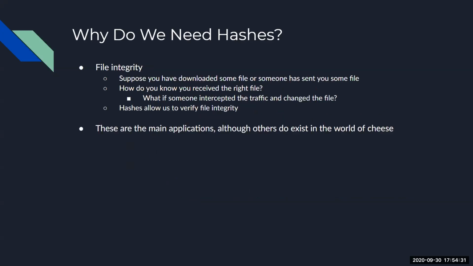As for file integrity, as I slightly mentioned before, hashing is more than just encrypting passwords. It's also used to check the identity of files. So if you download a file from the internet, every single file will have some sort of ID code, and that ID code can be correlated to its hash.